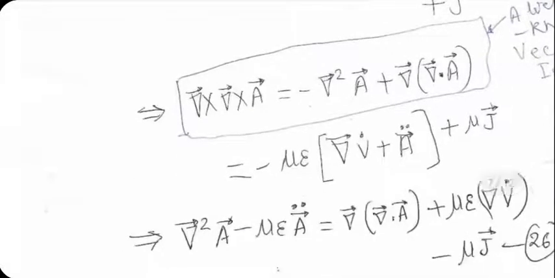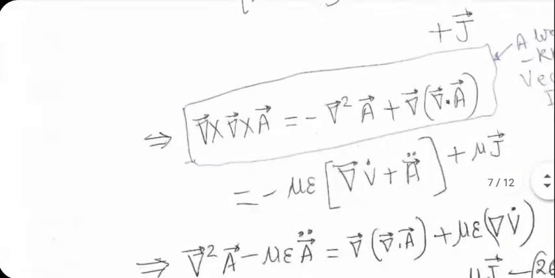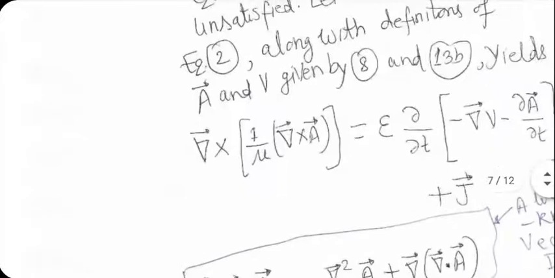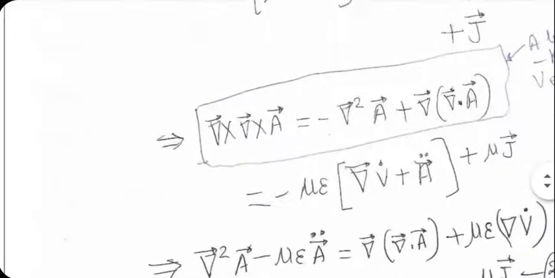You can go through the math carefully later also. Minus del square A plus del of del dot A minus mu epsilon. So yeah, I've taken minus out. So minus mu epsilon is out. Within the brackets, I'm getting del of V dot, because d by dt means V dot. And d by dt of dA by dt will become second order time derivative. So A double dot here.